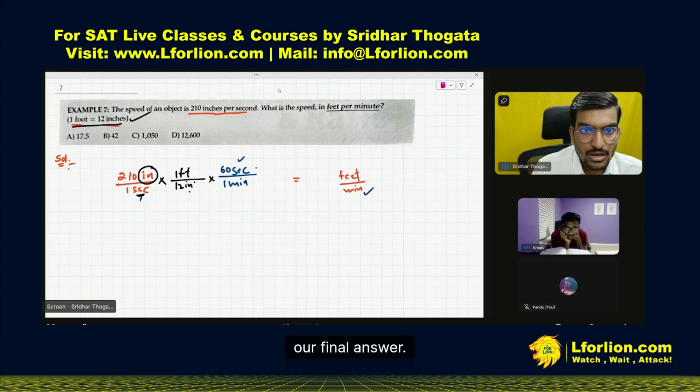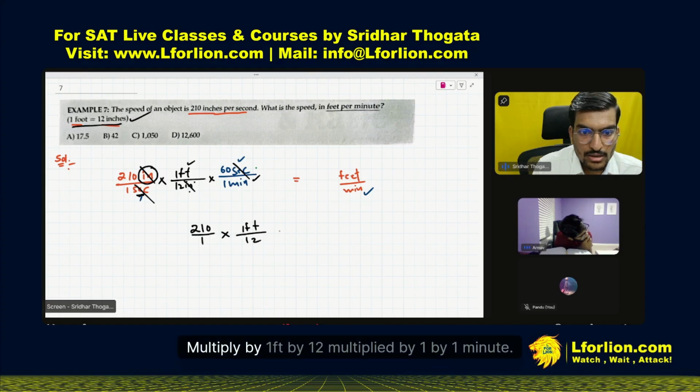So we cross out inch and second, and we have feet and minute: 210 by 1 multiplied by 1 foot by 12 multiplied by 1 minute.